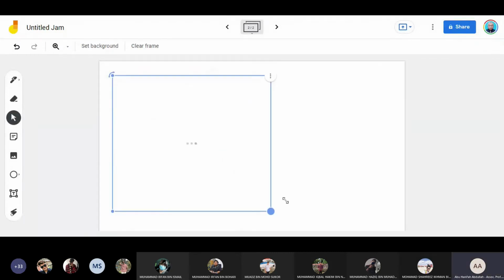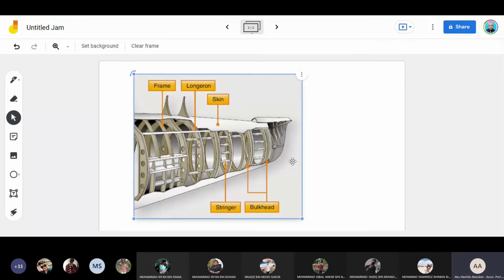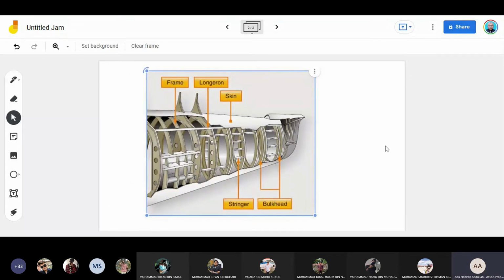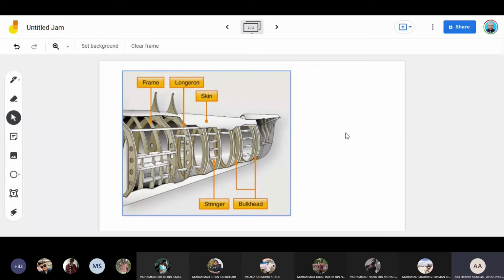So you need to understand the aircraft structure construction or the members of the structure. So you need to understand how the aircraft structure has been constructed. What are the members of the structure? In this case, if you see the diagram, you must be familiar with the frame, longeron, skin, stringer, bulkhead, and how they've been constructed and what these members are used for.